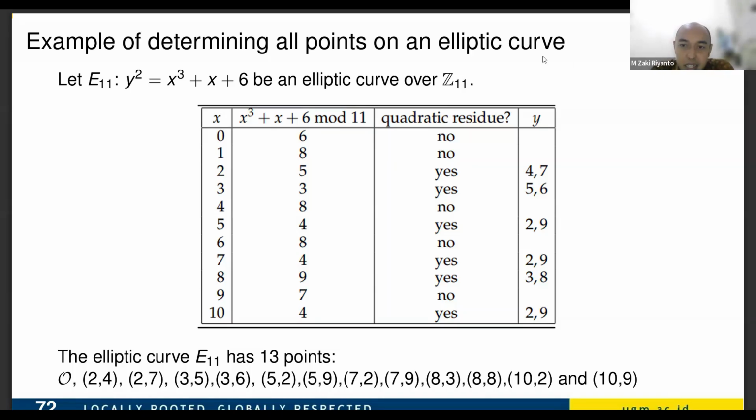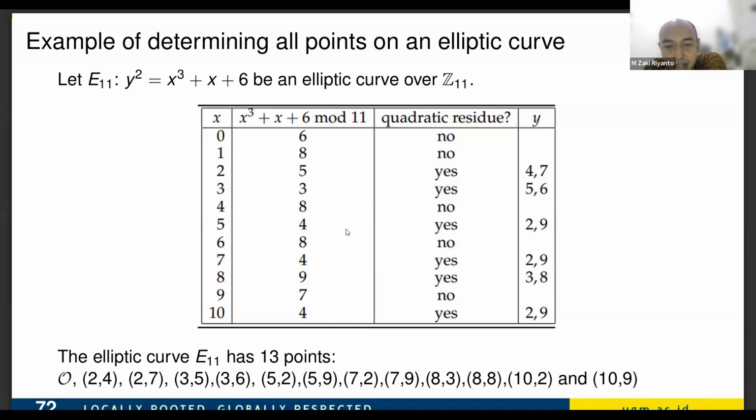First, we list all of the elements of Z11, 0 until 10, and we compute x cubed plus x plus 6 modulo 11 from x equals 0 until 10, and we get these values.